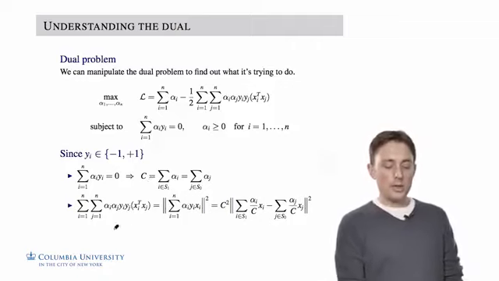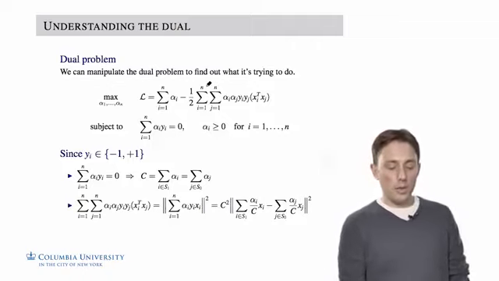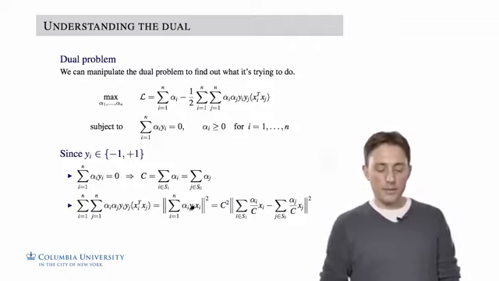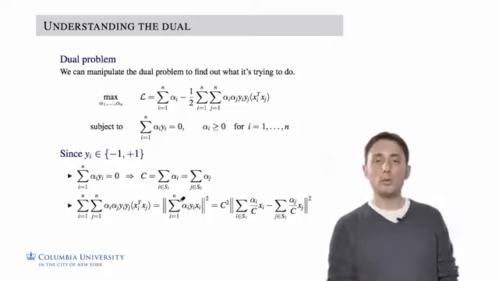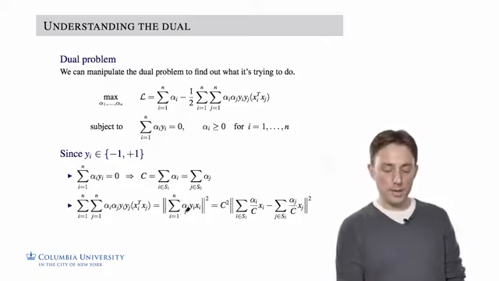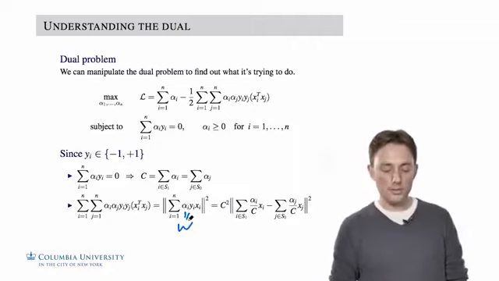So now if we look at this term here, this is the second term in the objective, we can rewrite this in this way. Notice that what this actually is, this second term, is equal to the magnitude of W squared. Remember we defined this thing to be equal to our vector W that we want to minimize the L2 norm of.